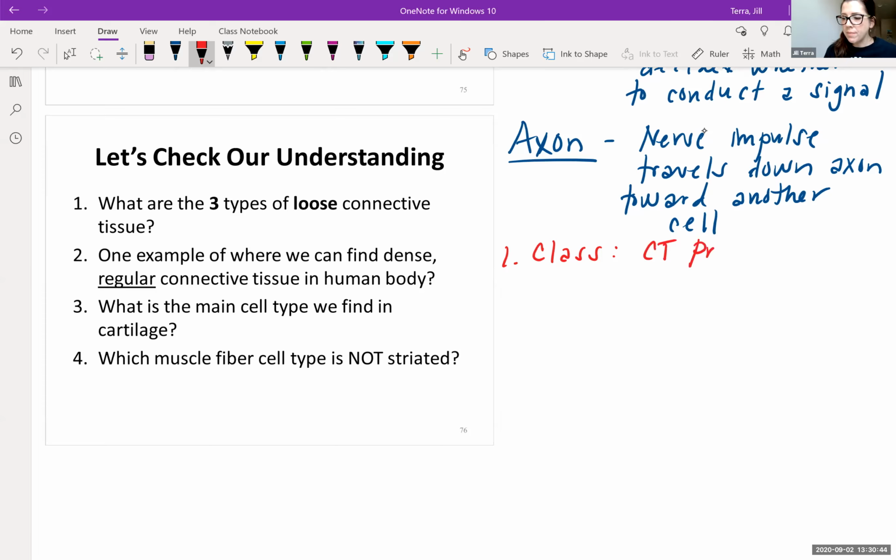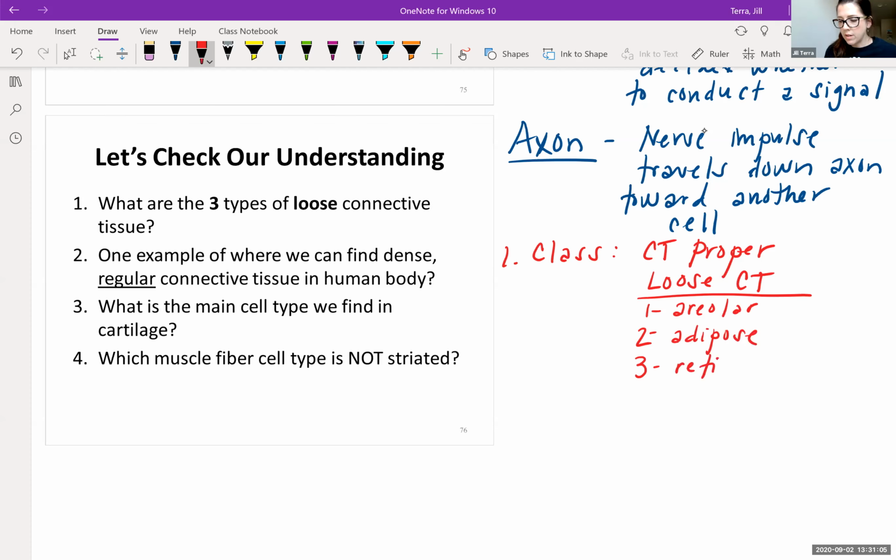CT proper. Okay, so then the subclass within that is the loose CT. And that the three types, okay, are areolar, adipose, and reticular.